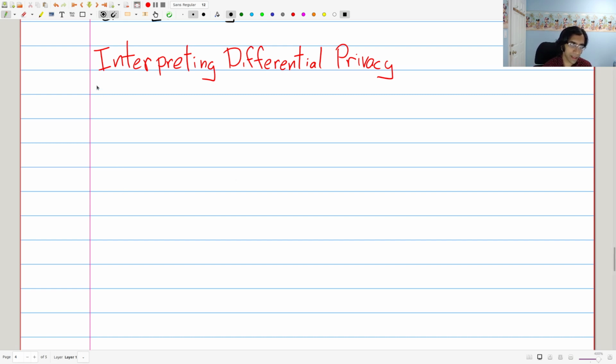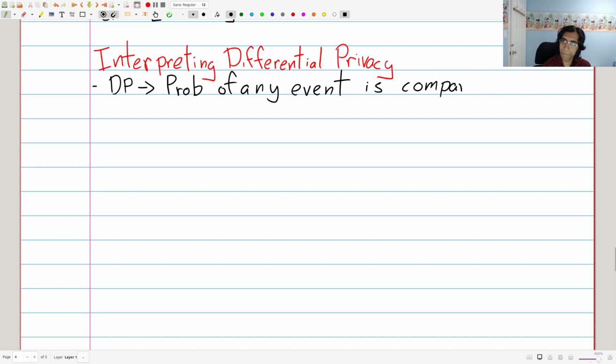So let me repeat the in-English notion of differential privacy. Let me even write it down because I think it's very important. It says that differential privacy implies that the probability of any event is comparable whether or not an individual is in the data set.